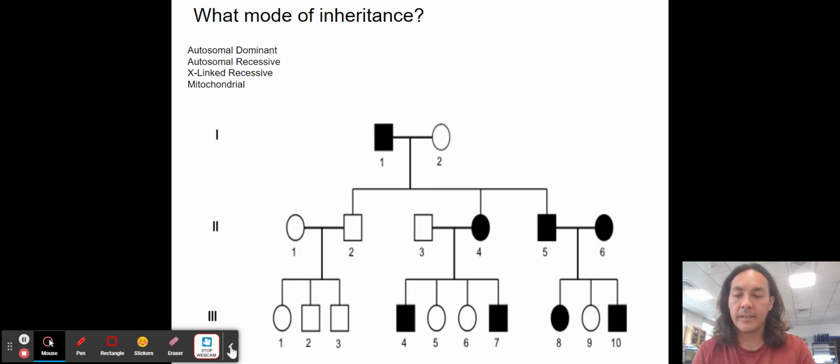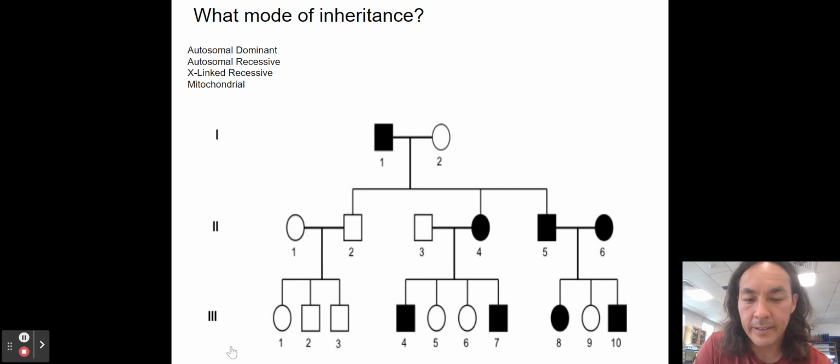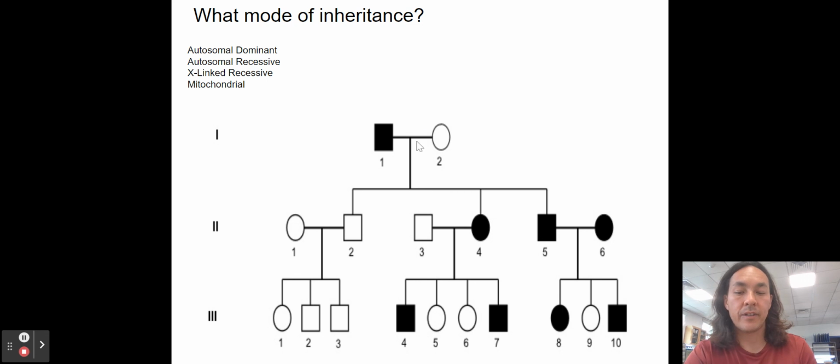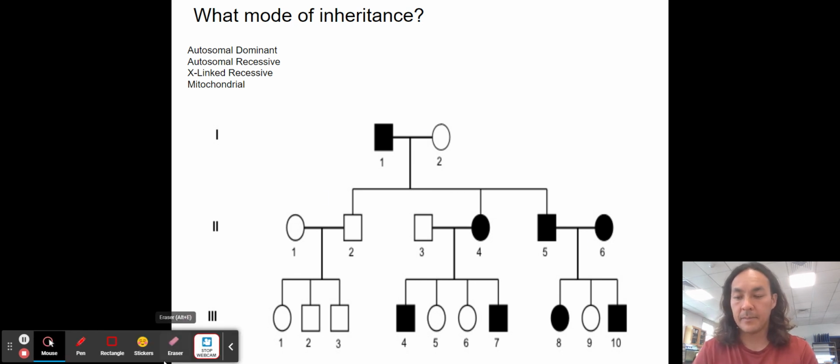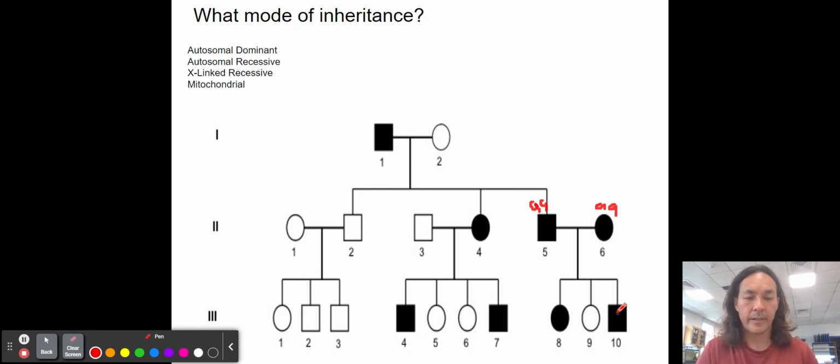All right, see if you can guess for this one. What mode of inheritance is this? This is hard. This is the first one that's dominant, okay? It is dominant. Dominant traits cannot skip generations, so it doesn't skip any. And the way I can tell that this is an autosomal dominant trait is if I look right here, if it was recessive for 2-5 and 2-6, if it was little a, little a, little a, little a here, then all their children would have to have the trait.